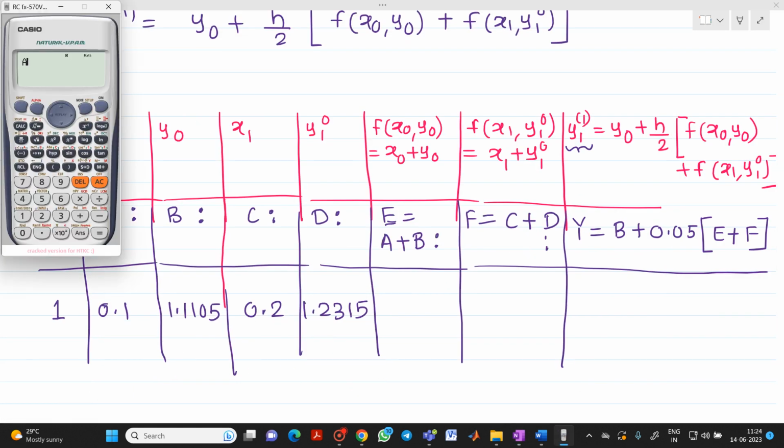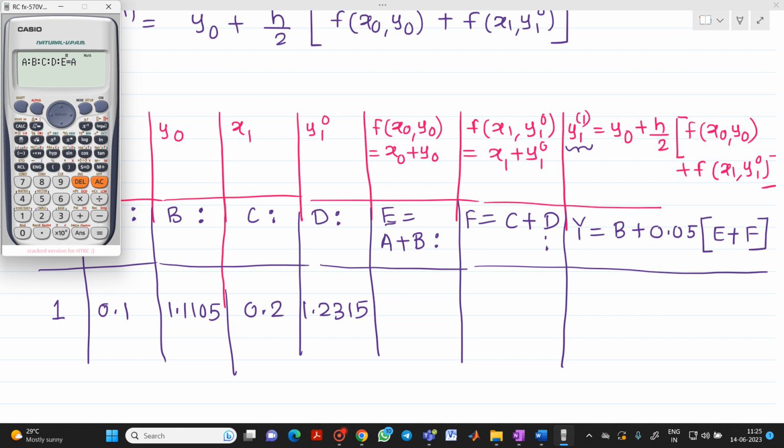So let's see how to do it again. A colon B colon C colon D colon then E equal to, what is the formula?